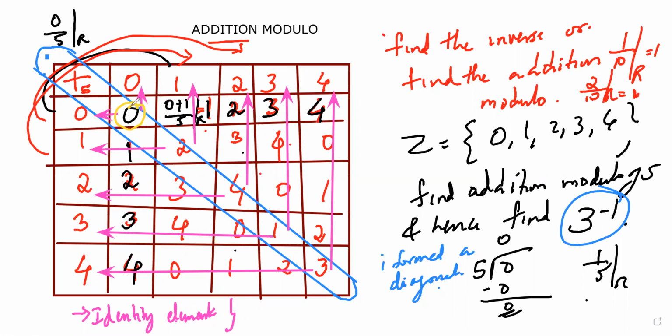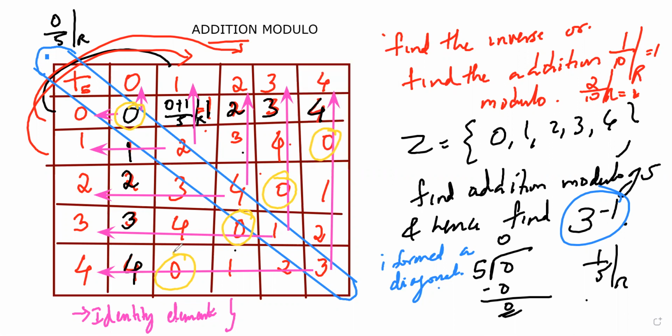So what you have to do is circle all the zeros. In the first row, I got this 0. In the second row, 0 is here. I'll circle all the zeros. Now, if I want to find the inverse of 3, it's very easy for me.